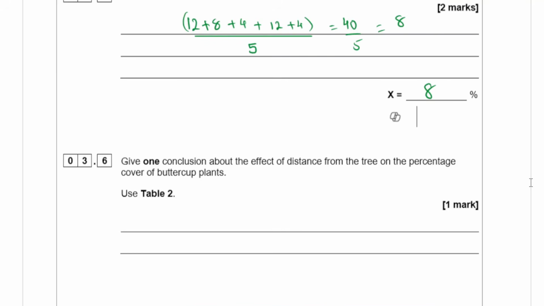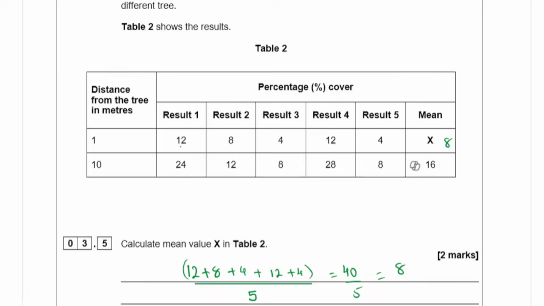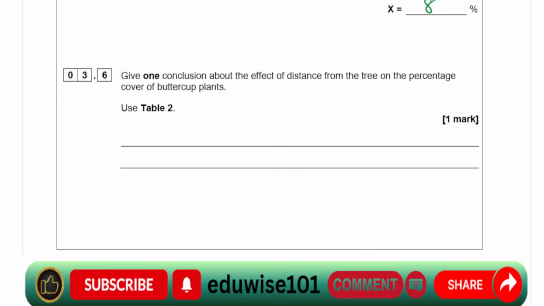Give one conclusion about the effect of distance from the tree on the percentage cover of buttercup plants. So if this was 8, as the distance increased, the percentage cover also increased. Now they're asking for a conclusion, so we don't really have to write a pattern here.